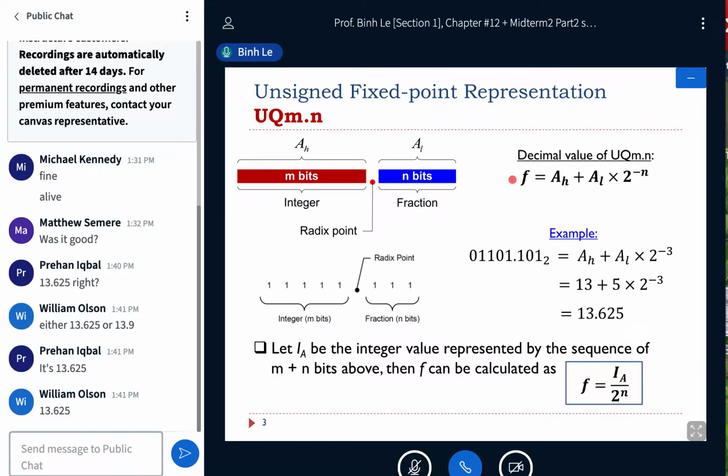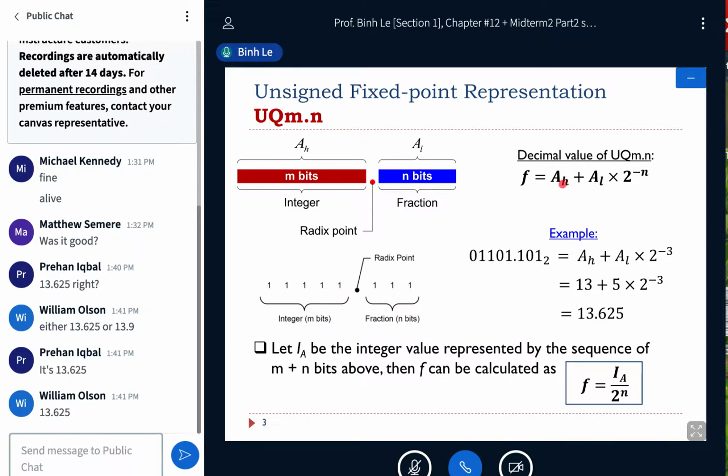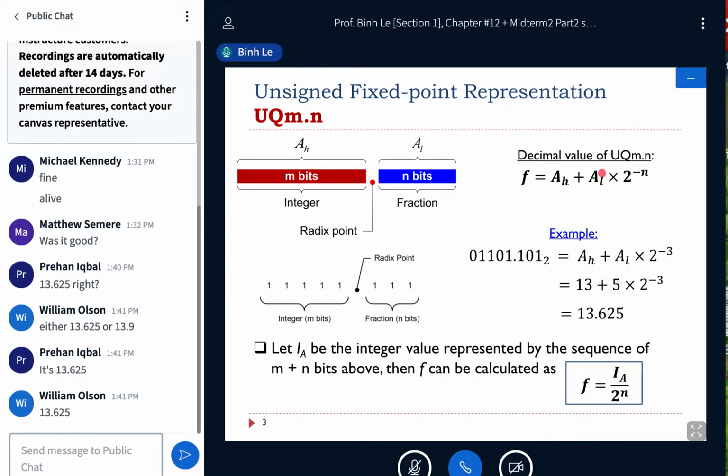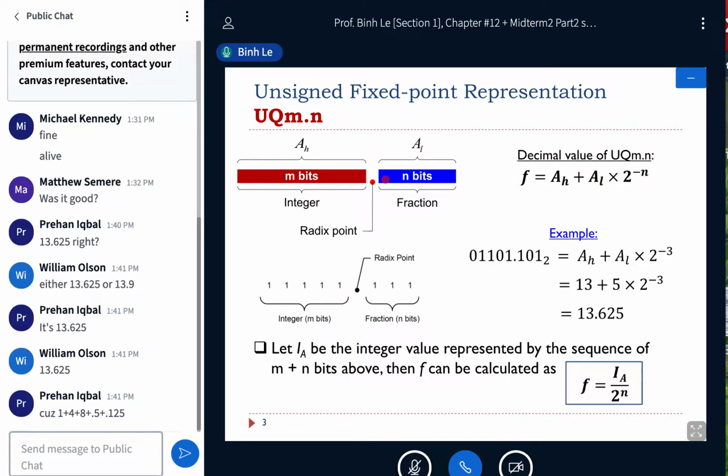The real value of that fixed point number is equal to the number represented by the bits, multiplied by or divided by 2 to the power of n.